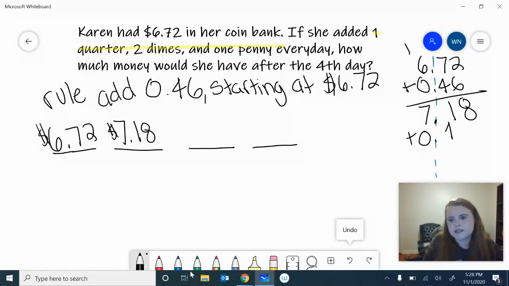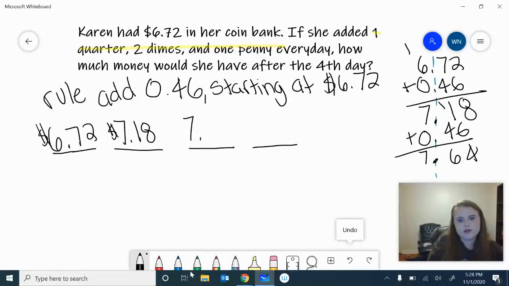Plus 46 cents again. 8 plus 6, 9, 10, 11, 12, 13, 14. 4, 5, 6, bring down that 7, 764. Now we have to add our 46 cents one more time.